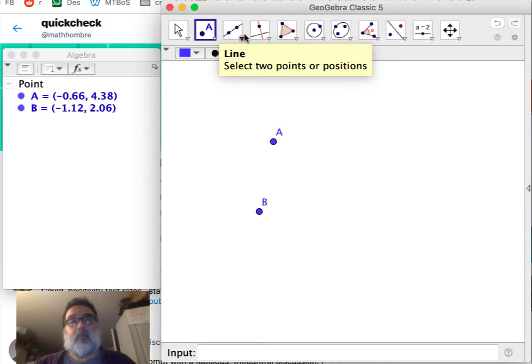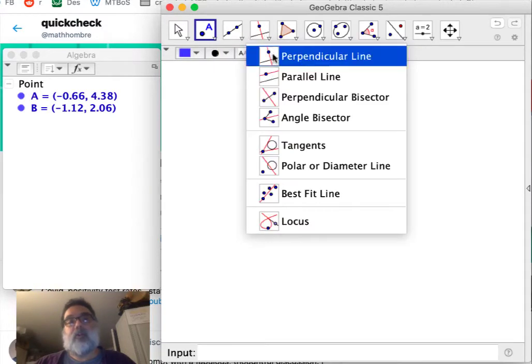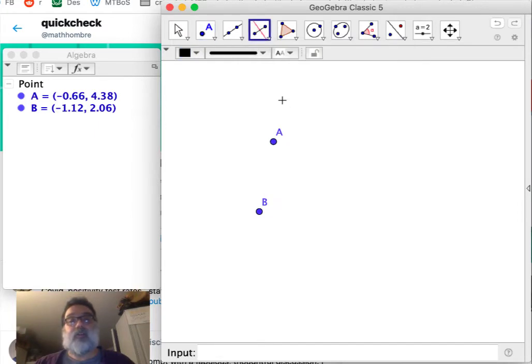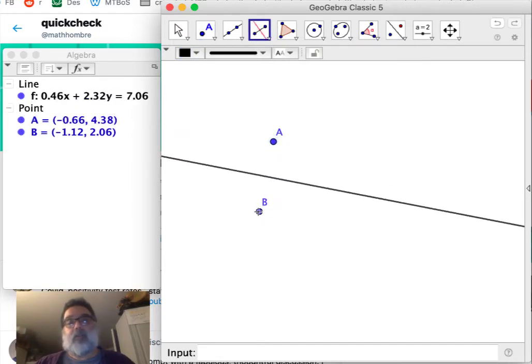So I'm just doing the points. To make an isosceles triangle, there's lots of different ways to do it. I could make something with equal angles. I could make the apex and one of the base vertices and then reflect it across a line.